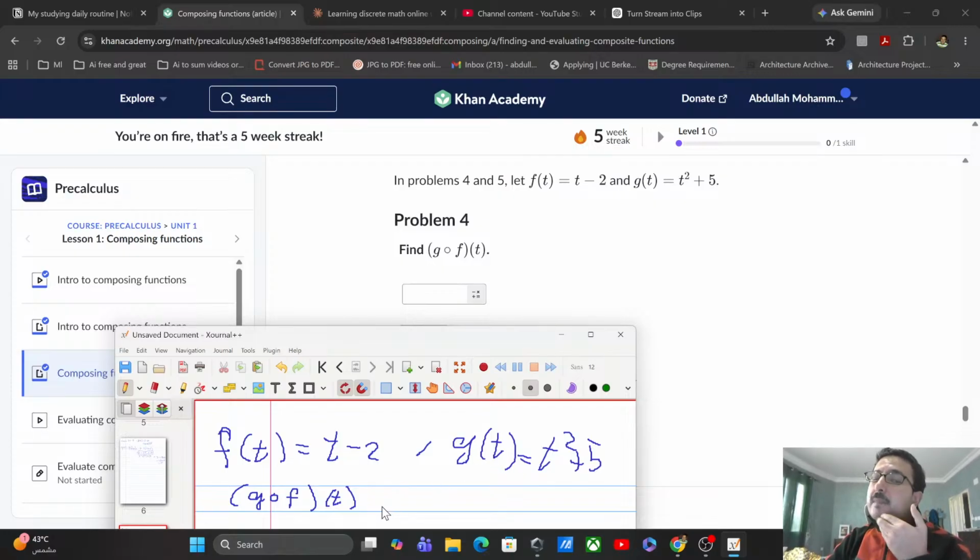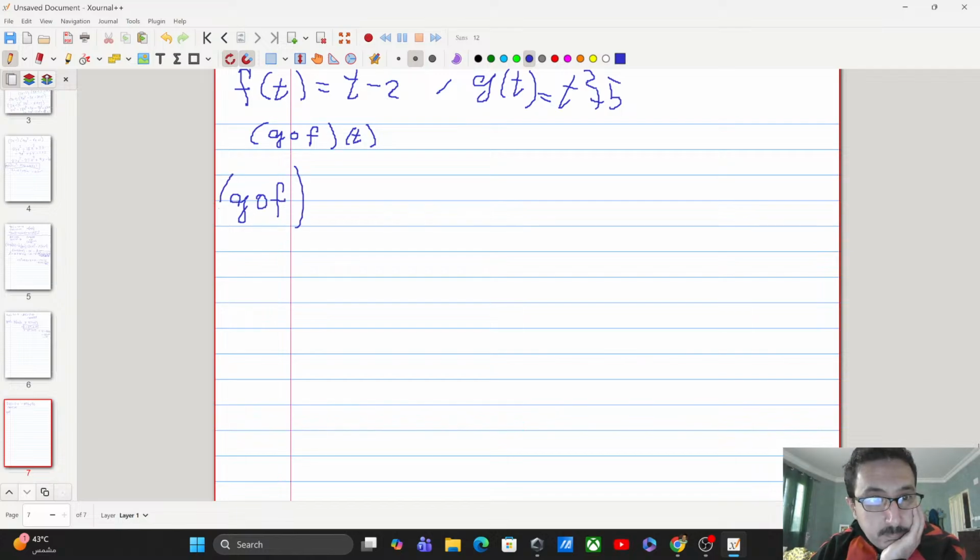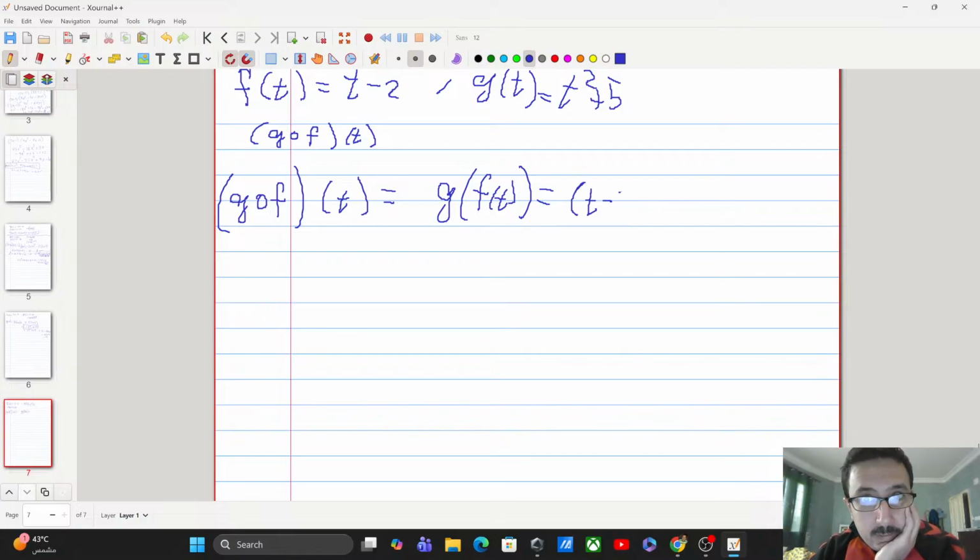So we have g of f of t, which equals g of (t minus 2), which is (t minus 2) squared plus 5.